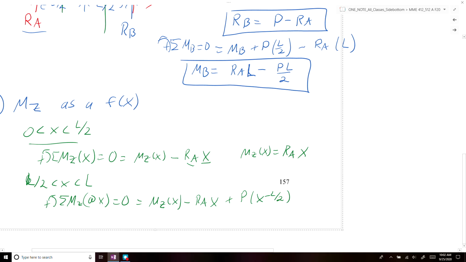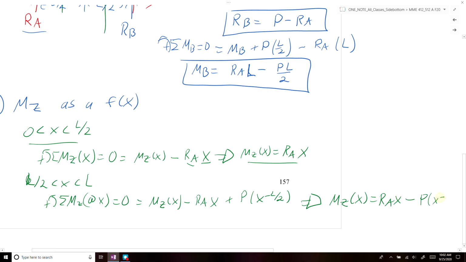If we rearrange that equation, we get Mz of x equal to RA x minus P times x minus L over 2.